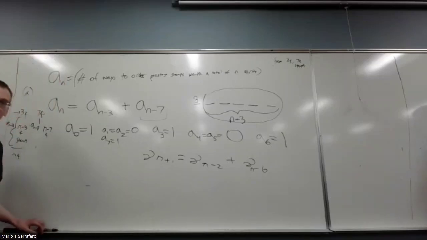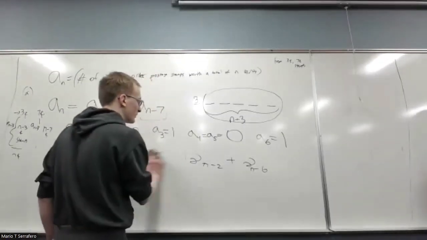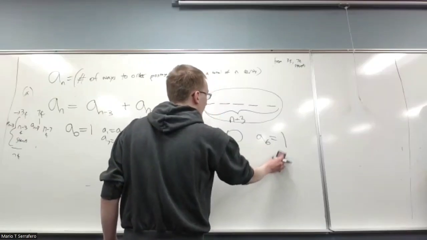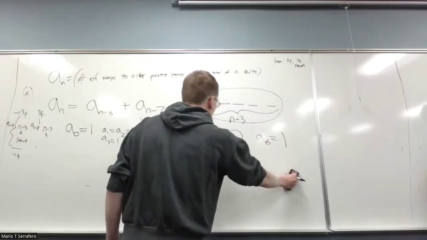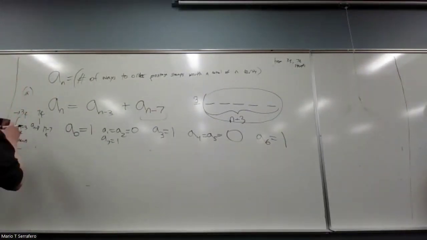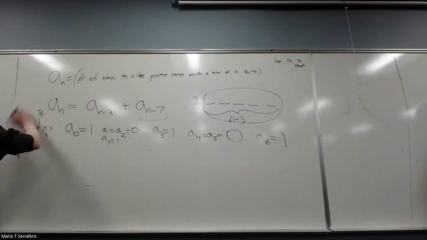Okay, so the next part is to prove by strong induction that a_n is always greater than 0 for n greater than 11. That one was kind of hard to see. Since this is part B, I'll keep the recurrence up because we're going to use it.